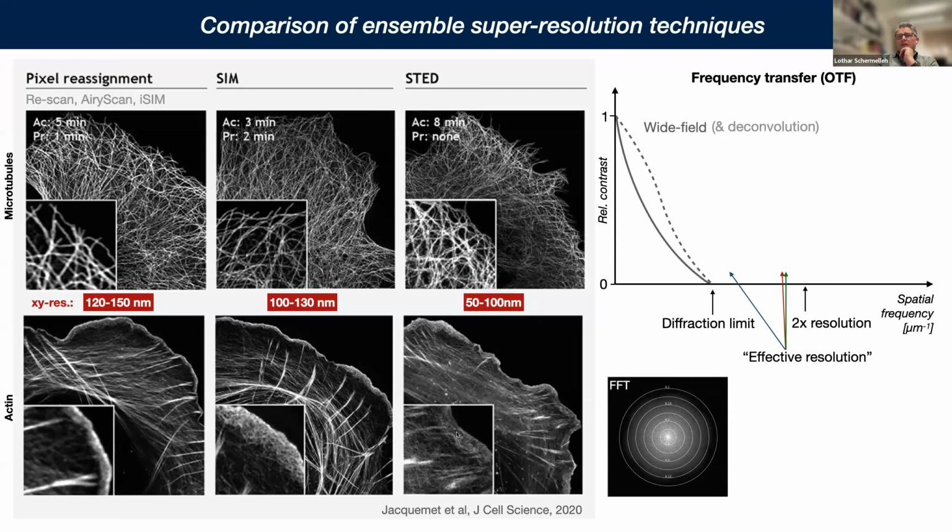And strikingly, if you look at STED, while you get very high resolution of isolated features like isolated microtubules, if they come together and form denser arrangements, then that resolution increase gets a bit lost. That also applies to these more dense actin filament structures.